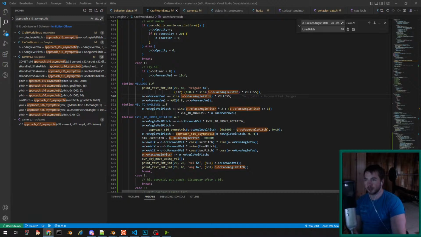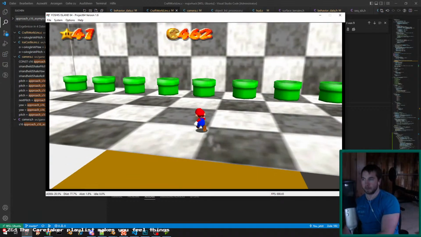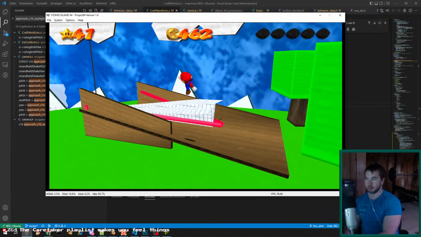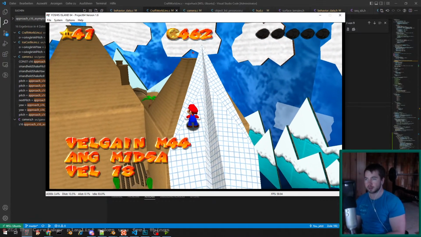Okay, so the main thing we notice is that this is too volatile, I think. Let's check how this would look if this was 0. Okay, that's even worse.